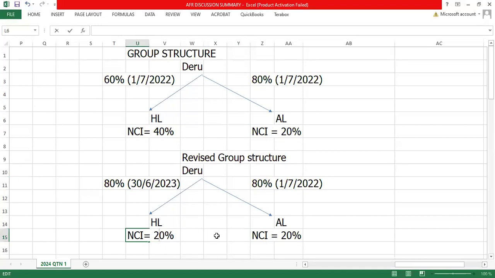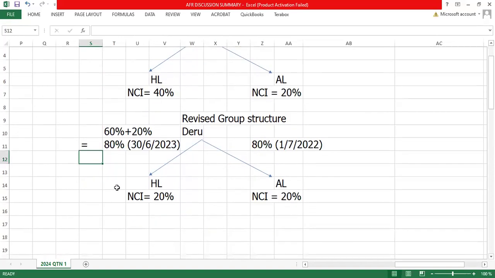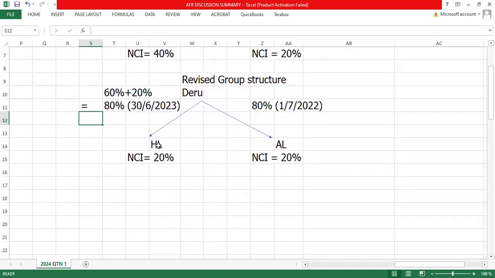It becomes 20. This is 60% plus 20, which gives you 80. So now you need to understand that HL became an 80% subsidiary on the reporting date.